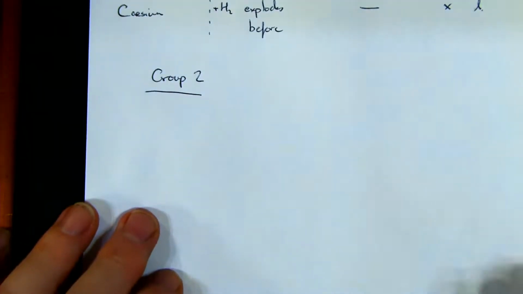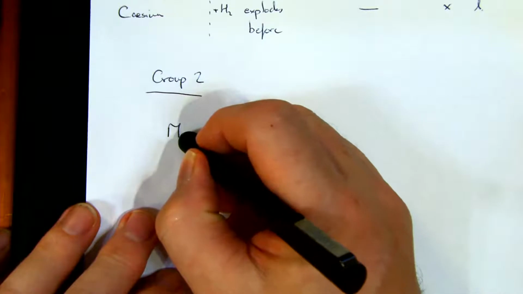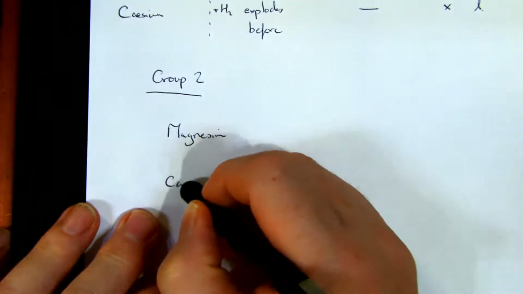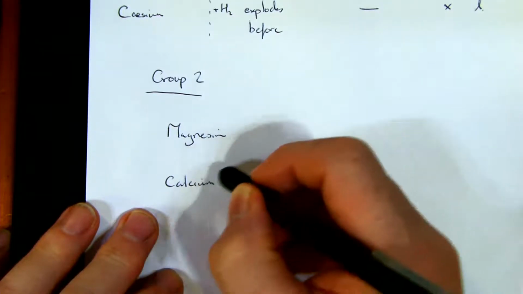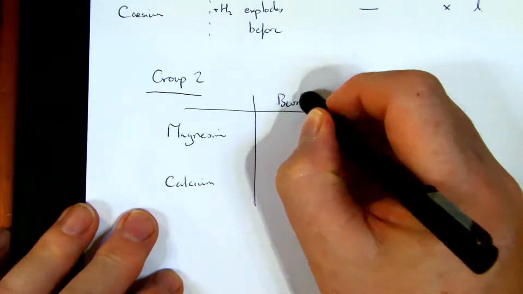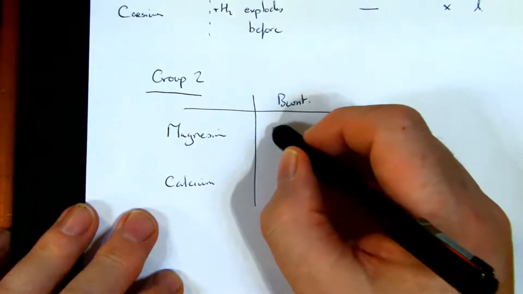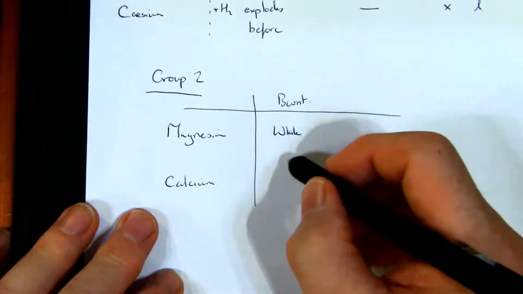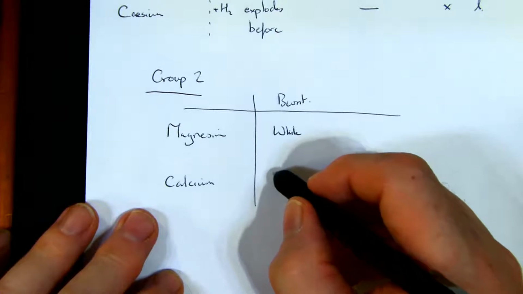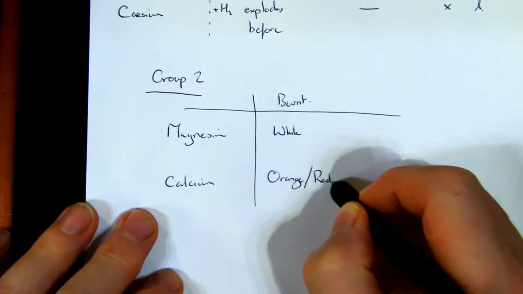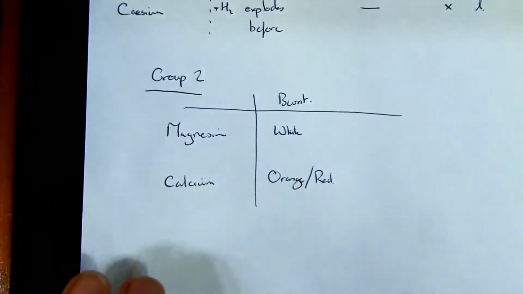Now, what can we say about the group 2 metals? We looked at magnesium, and we looked at calcium. Well, we burnt them, and magnesium burns with a very white, bright flame, and the calcium is much more of, I would call it, an orange-red flame, as it was illuminating the room.